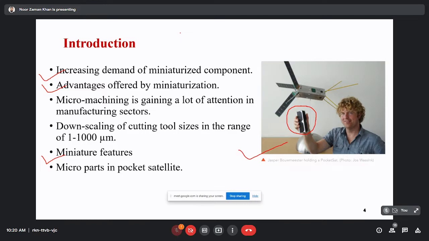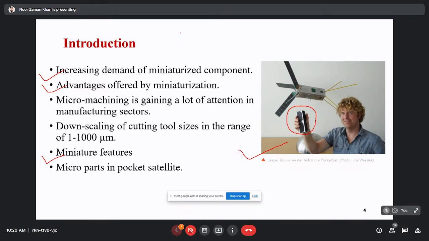We can derive micro machining processes from conventional machining processes, and it refers to the downscaling of cutting tool size in the range of 1 to 1000 micrometer. If we downscale the tool size of a conventional machining process in the range of 1 to 1000 micrometer, then it will be termed as micro machining.